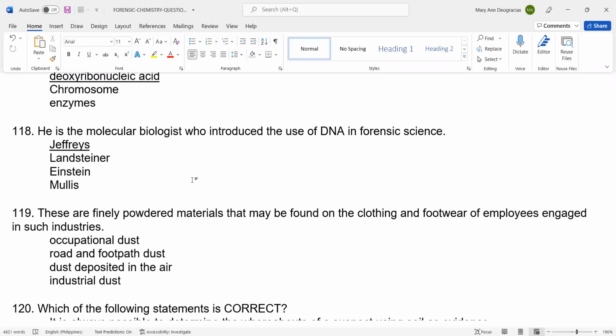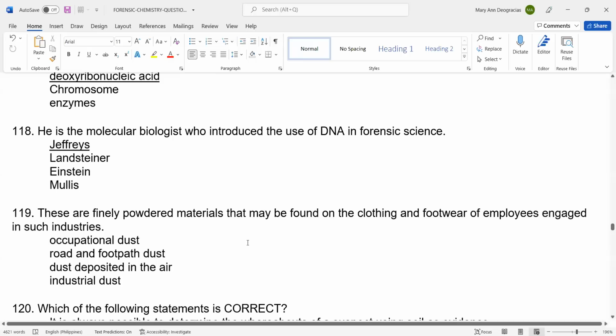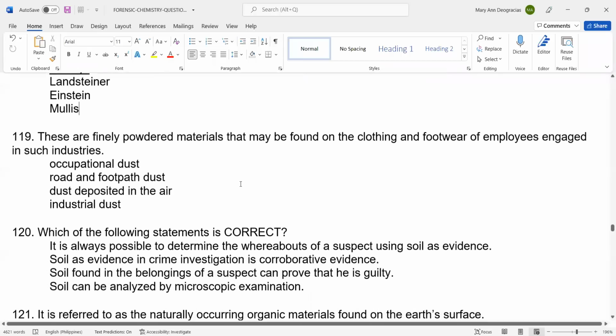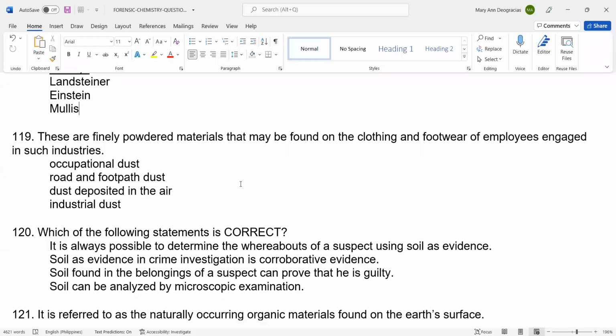119. These are finely powdered particles that may be found on the clothing and footwear of employees engaged in such industries. Is it A, occupational dust, B, road and footpath dust, C, dust deposited in the air, or D, industrial dust?